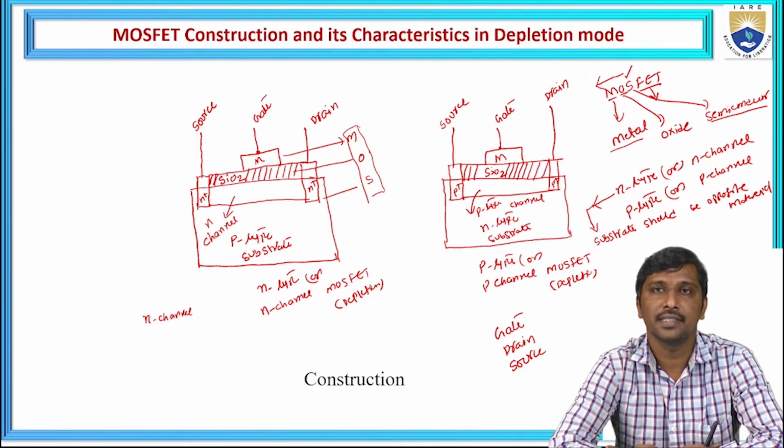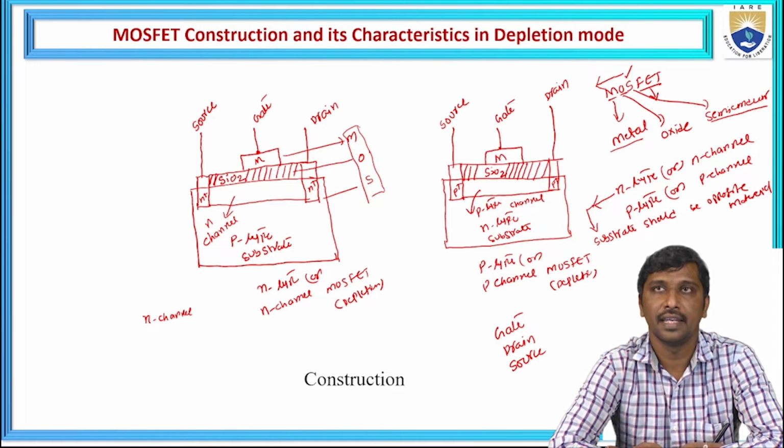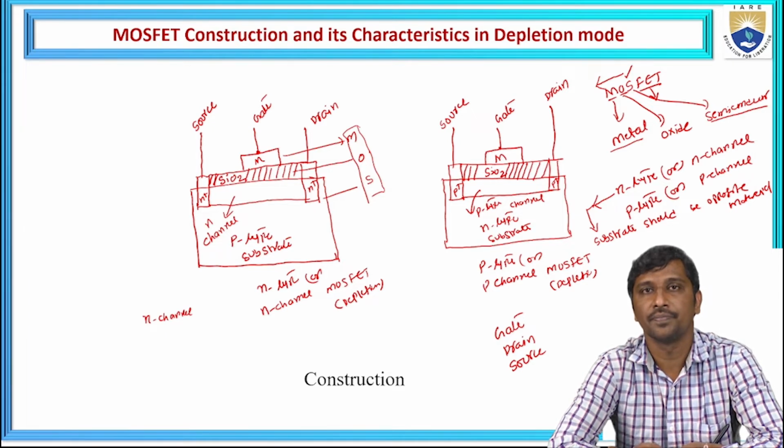Based on the construction and representation of the field effect transistor, we know that we have three terminals, represented as gate, drain, and source.